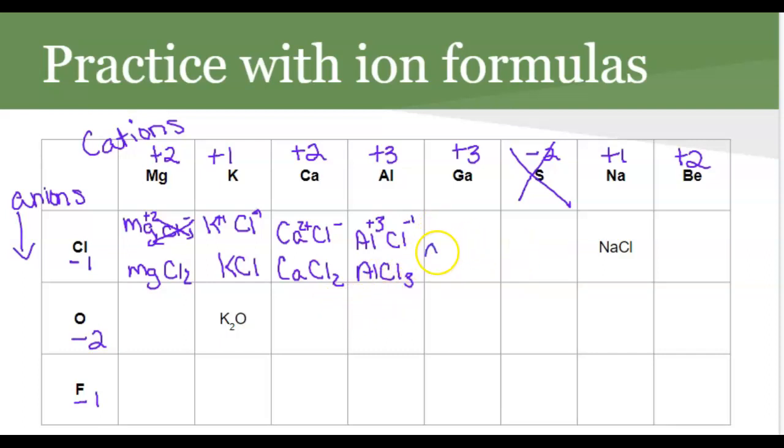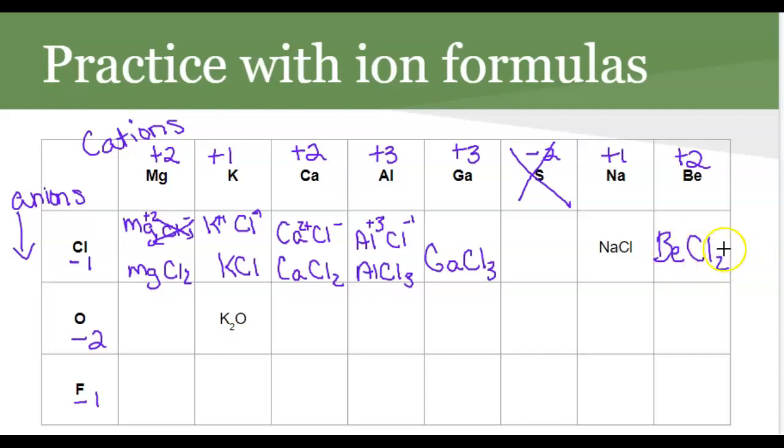And the same would be true for Ga because it is a plus 3 as well. And sodium and chloride, same thing. They're both plus and minus 1, so they balance each other out. You only need 1 of each. Be is a plus 2, so you would need 2 chlorines to balance it out.